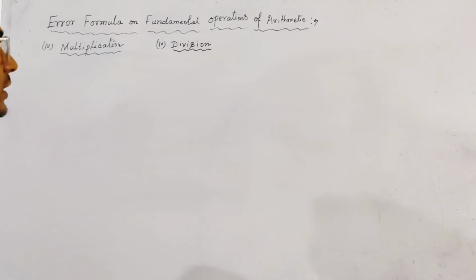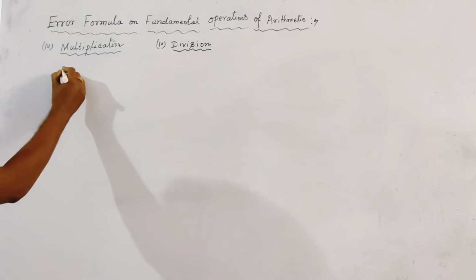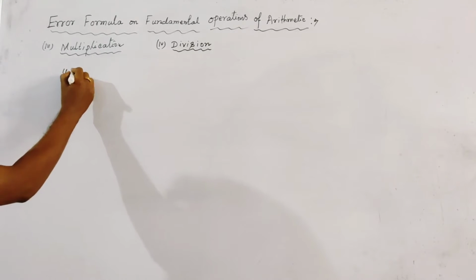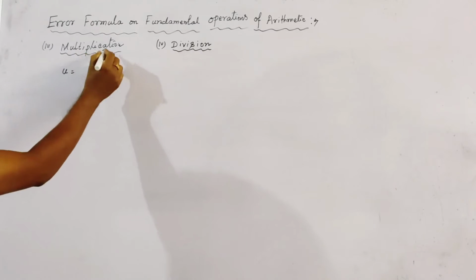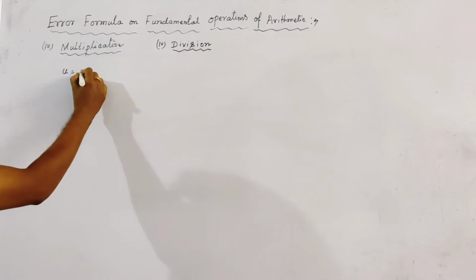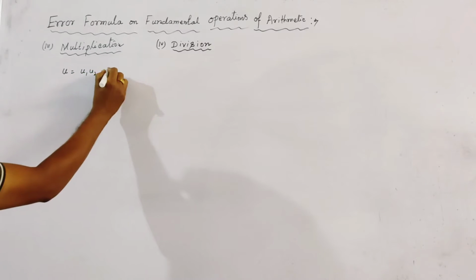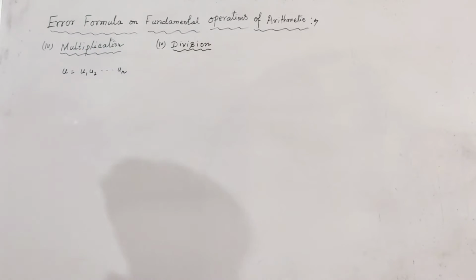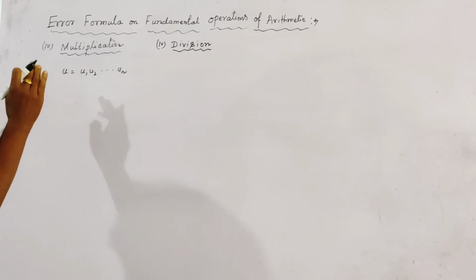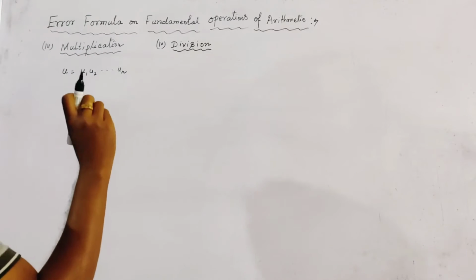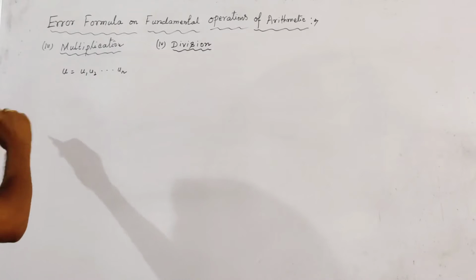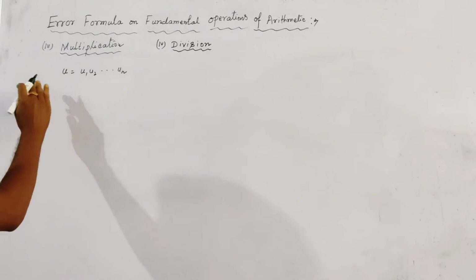Now, if we consider a function u, since it is multiplication, this is u = u1 into u2 ... into un. Then, to find the relative error and absolute error of u, we first take logarithm on both sides.